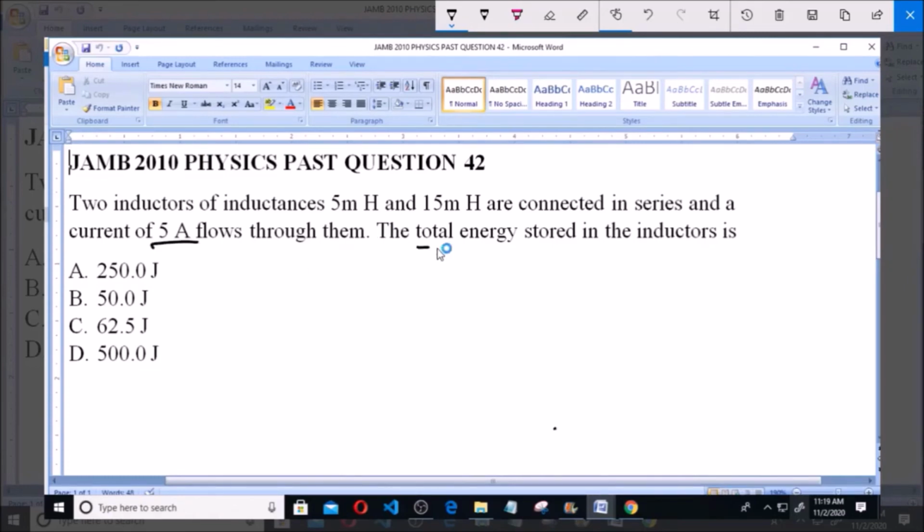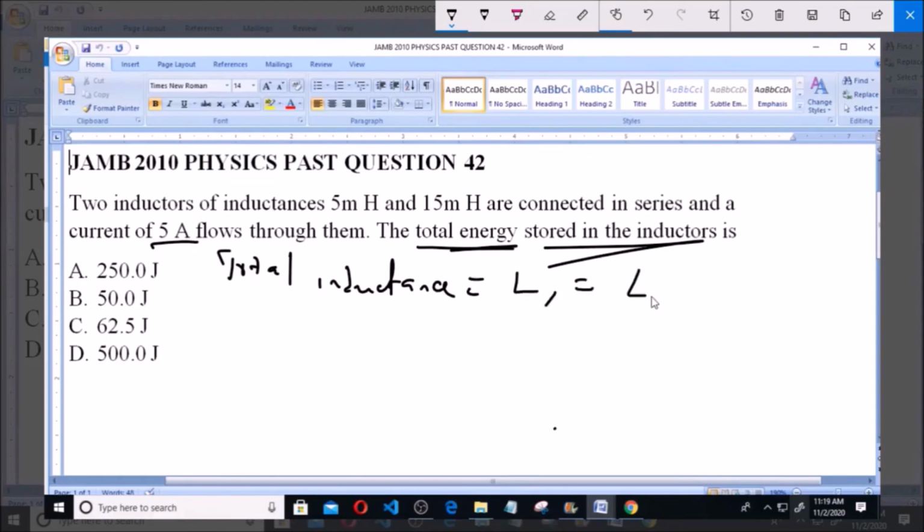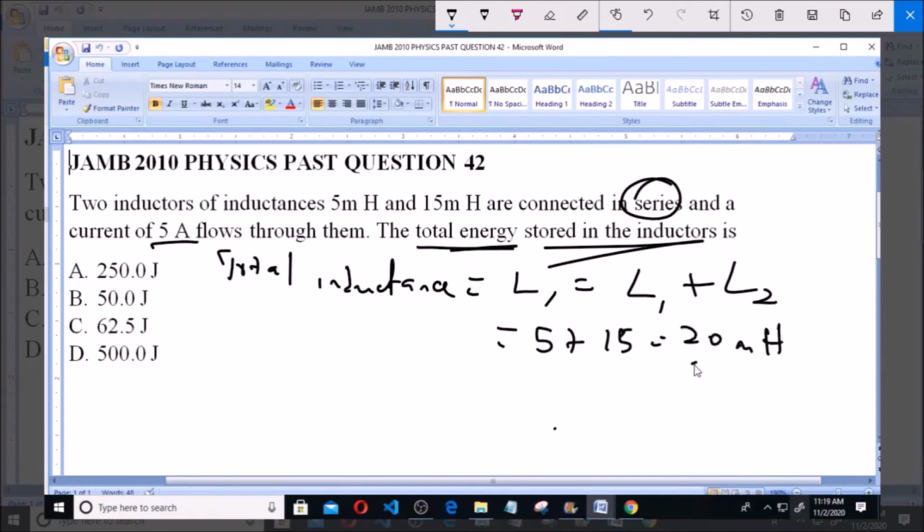So we have to calculate the total energy stored in the inductors. The first thing you do is to get the total inductance. Total inductance L will be equal to L1 plus L2, inductors connected in series. So that will be 5 plus 15, which is equal to 20 millihenry.